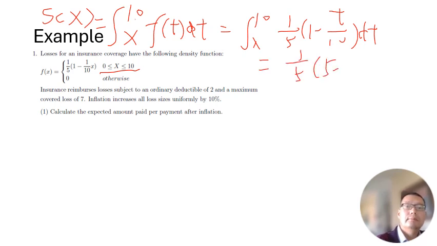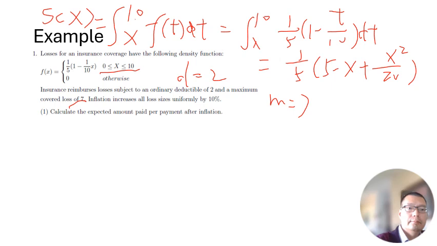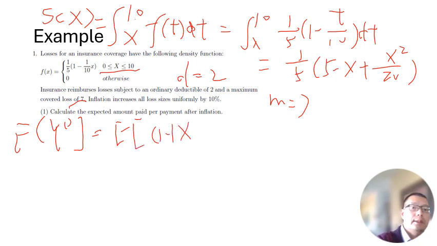I'm not going to do the details here, because this is basically integral. Deductible D is equal to 2, maximum covered loss is equal to 7. So M is equal to 7. So expected value, payment per payment, based on the formula in previous slide, it would be 1.1x minus 2.